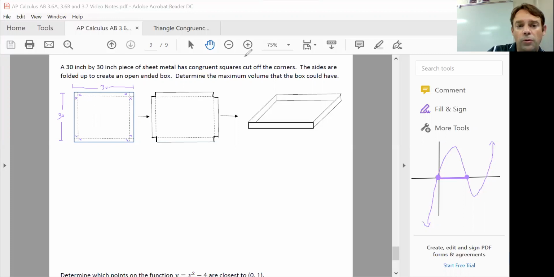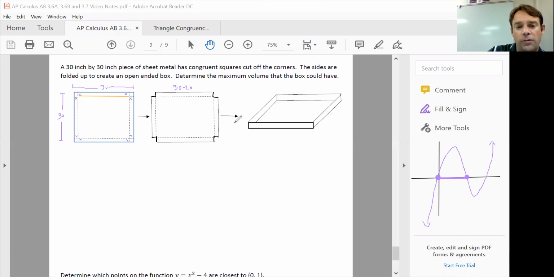So when we remove those squares, I'm going to be left with just this side here. This was 30 inches to begin with. I cut off 2 x's from both sides, so that would make it 30 minus 2x.